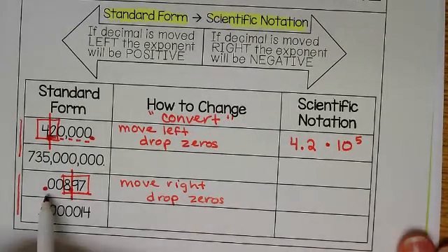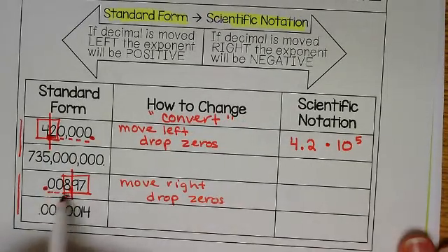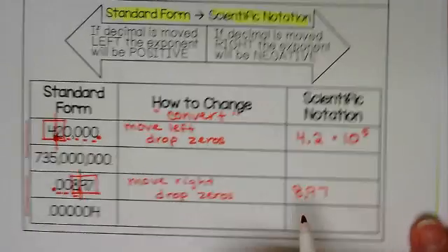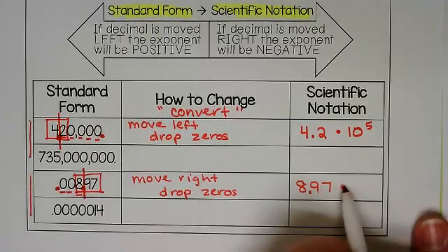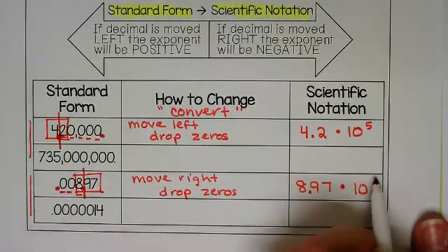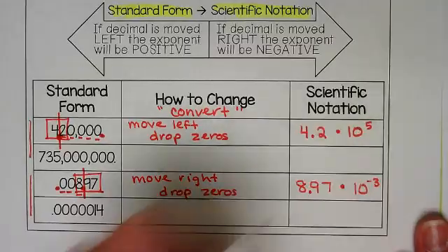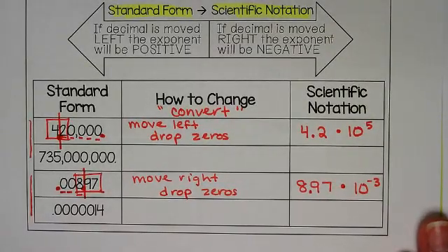How many times did I move? Well, I should have moved 3, but I need to put all of my non-zero digits, so I'm going to put 8.97. And I'm going to multiply that by 10, and we moved 3, but this time it was a teeny tiny number. So that's where the negative exponent comes in.